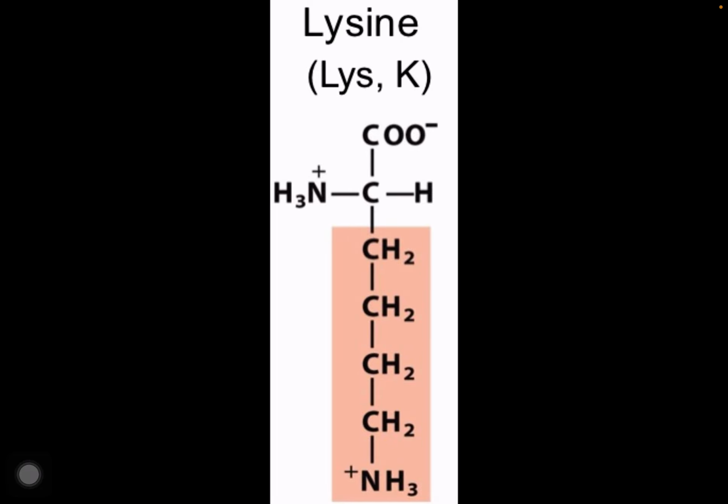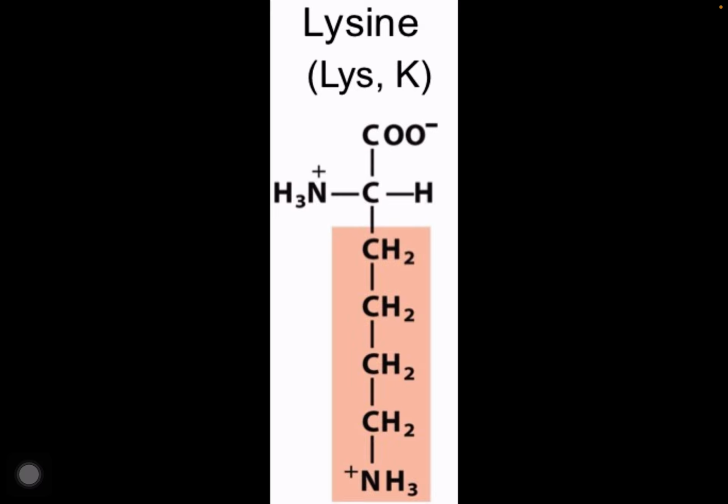And lysine is a little bit trickier, because the abbreviation is K. Leucine is Leu, so its abbreviation is L, and lysine is K. We need to notice that there's a positive charge on the amine.